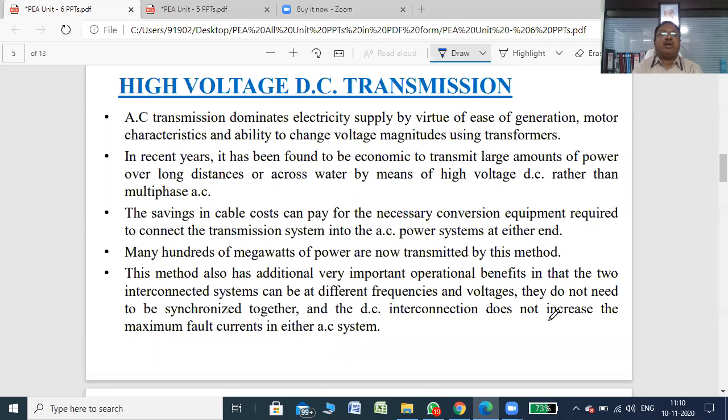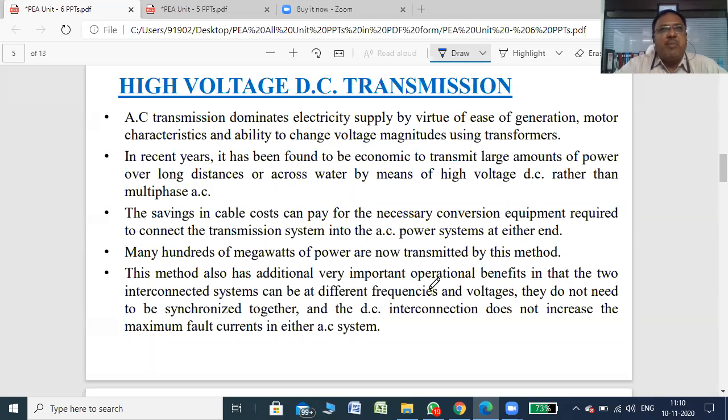Nowadays, smart triggering circuit ICs are available in the market. So with the help of those triggering ICs, you can make your power circuits smarter, right? So that is the advantage of the 21st century, in which the applications of power electronics are increasing vastly.